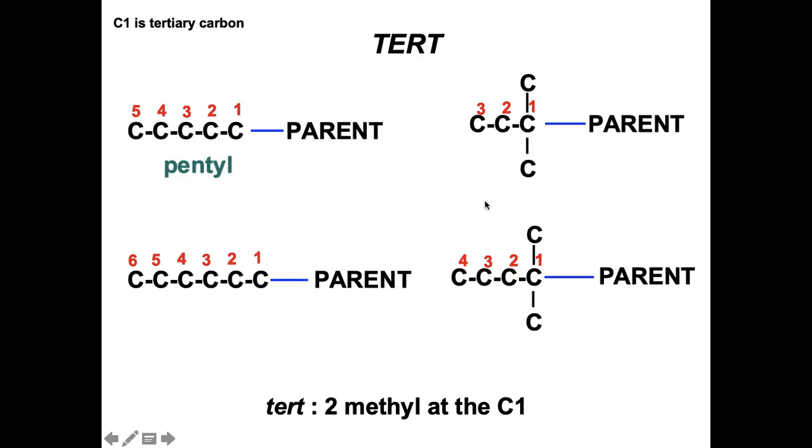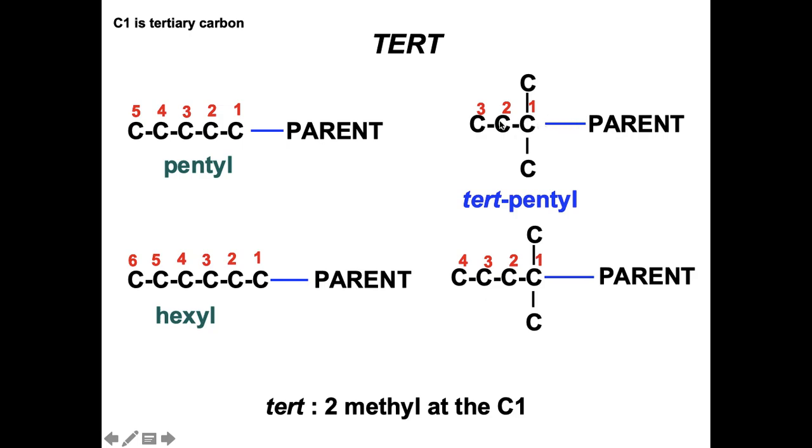Next, tert. It is called tert because the carbon number 1 is actually tertiary carbon. So as usual, the straight chain of the branch, 5 is pentyl. If it's 6, you call it hexyl. So carbon number 1 here, start counting from the bond attached to parent.